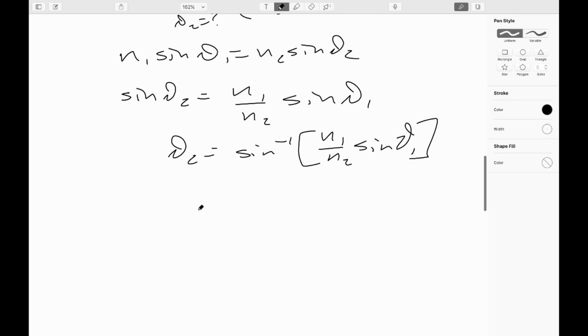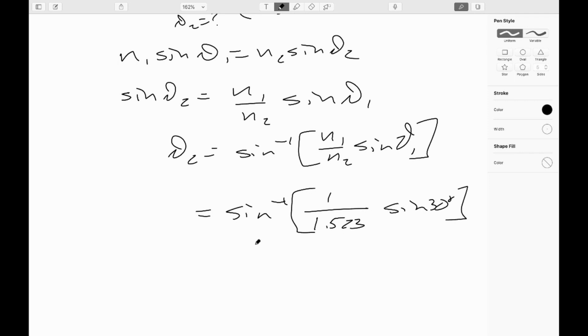Okay, so this will be the arc sine of index of refraction for air, which is basically 1, over 1.523 for our crown glass, times sine 30. If you crunch that all through in your calculator, you'll get 19.2 degrees, which is indeed less than 30 degrees.